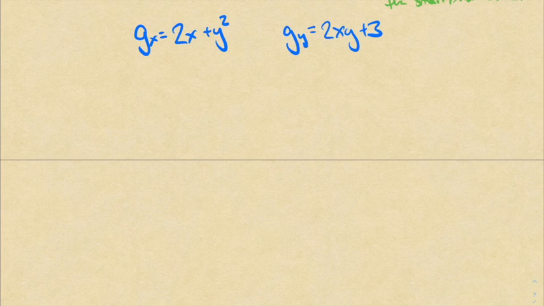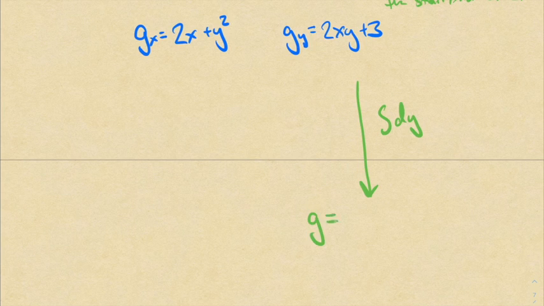Just for the heck of it, maybe let's start with respect to y first. We'll take an antiderivative with respect to y, which tells us that our function g should be of the form xy squared plus 3y plus some constant which could potentially depend on x.